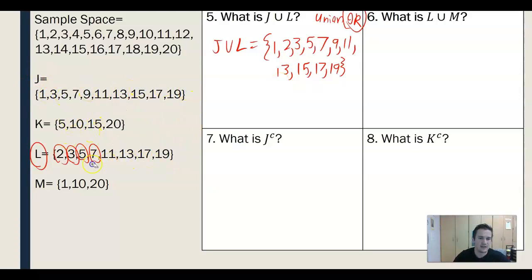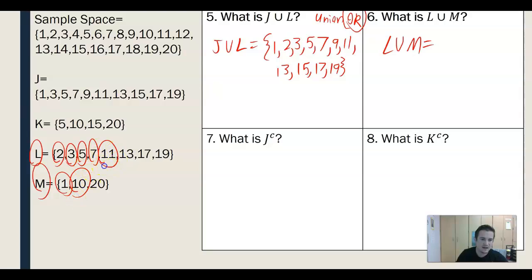Okay, let me erase all those real quick. So now the next question here wants me to find what the union of set L and M are. So I'm trying to find all the elements that are either in set L or set M. Well, I have a 1, 2, 3, 5, 7, 10, 11, 13, 17, 19, 20.